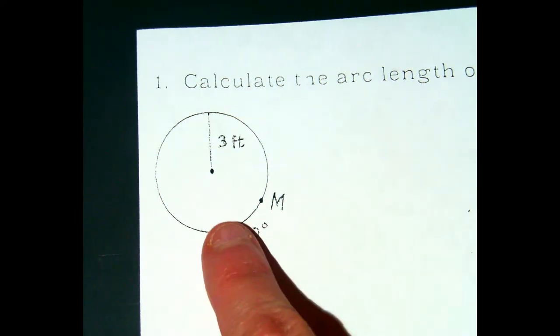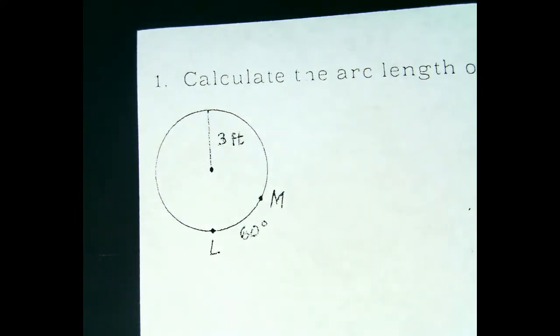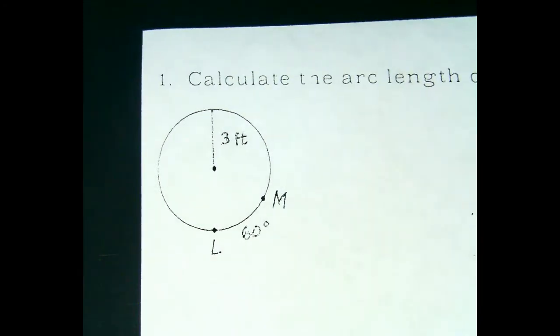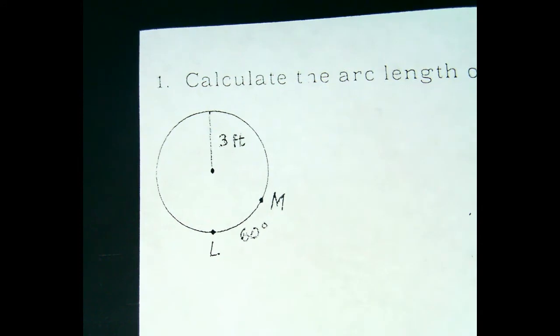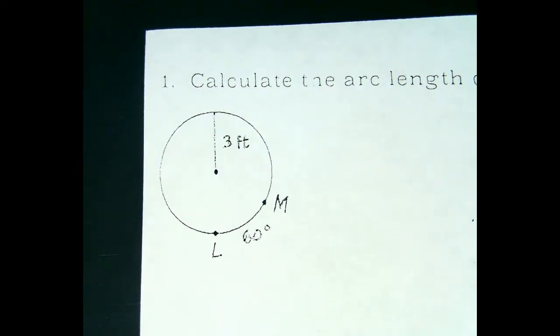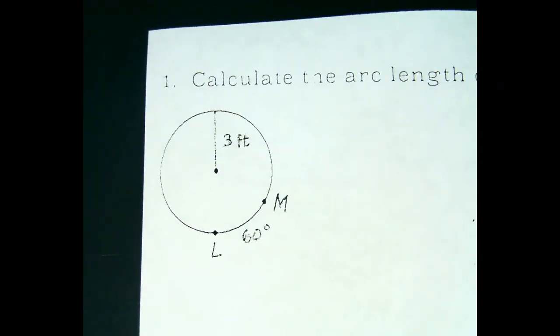So if I want just a portion of it, what do you think I'm going to do? Multiply by either the percent or, what did we do yesterday when we did sector area? Yes, 60 divided by 360 because there's 360 degrees in a circle.